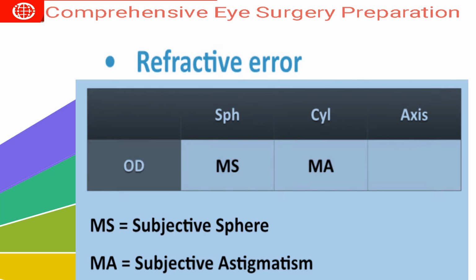So we will basically depend on the manifest refraction of the patient and determine the manifest sphere and the manifest astigmatism and the axis of the astigmatism on a clinical basis and on a clinical background. In the next slide, I will speak in details how to do the proper subjective or manifest refraction to the patient to determine the power of the sphere and the power of the cylinder, as well as the axis of the cylinder.